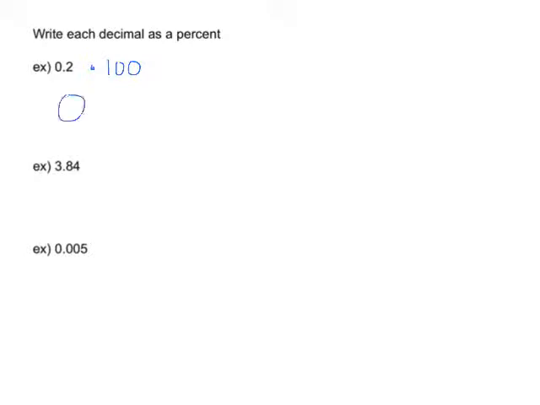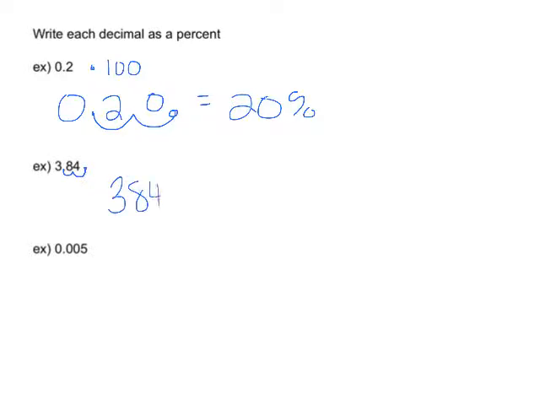So if I have 0.2, I'm going to move my decimal over twice, 1, 2. So my new decimal is right there. So I have 20 now, and I'm going to add my percent sign. If I have 3.84, I'm going to move my decimal over twice because I'm multiplying by 100, and I get 384%.